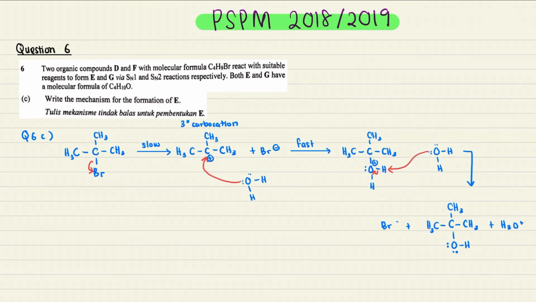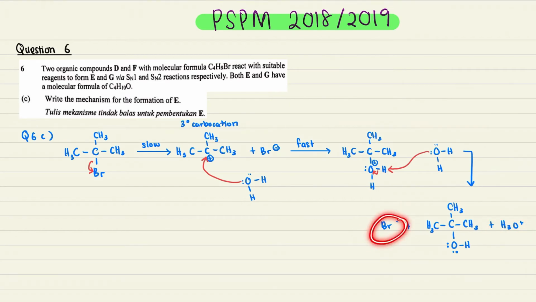Okay, the problem is that when it is like this, we do not want it. We only want OH. So, what we do is we need to use another water molecule to deprotonate this hydrogen here. The water molecule will take this H, and this bond will break, so the O gets the electrons. That is why O now has two lone pairs again. Okay, so this is the side product.